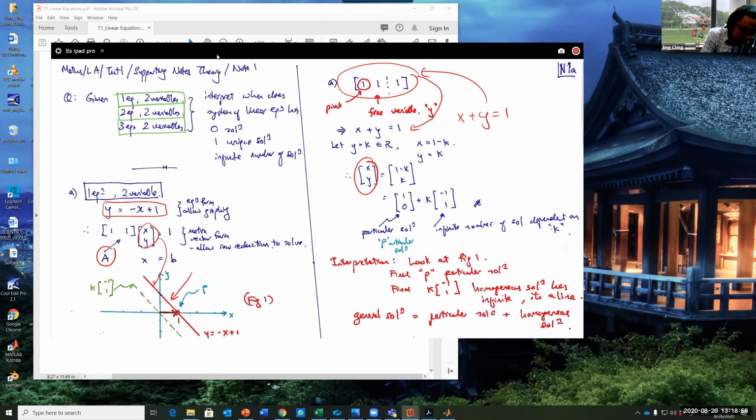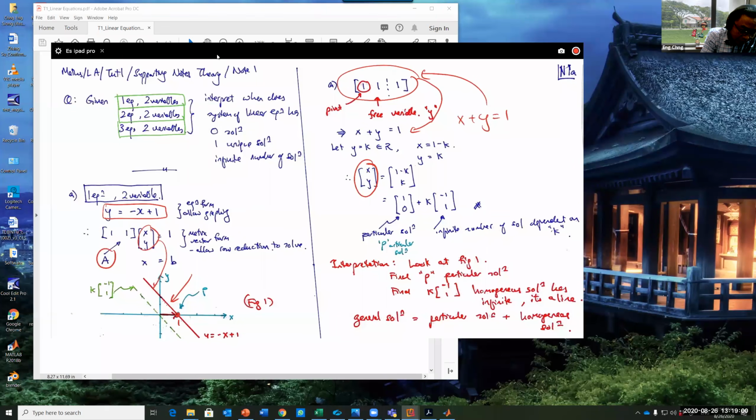Then we can say, let y equal k. Therefore, x equals 1 minus k, because y is k. So now we have the solution: x is 1 minus k. What is k? Any value, any constant, because it's a free variable, because we know that y was free. y is k.